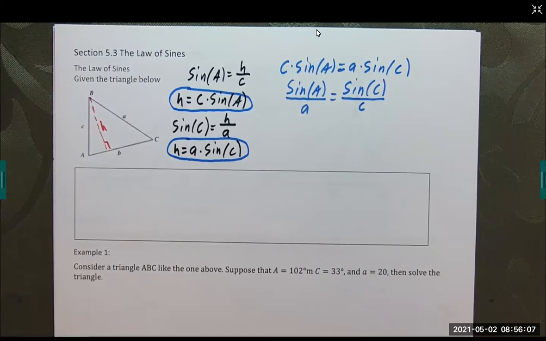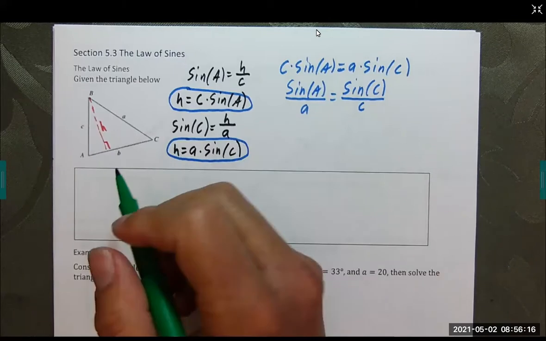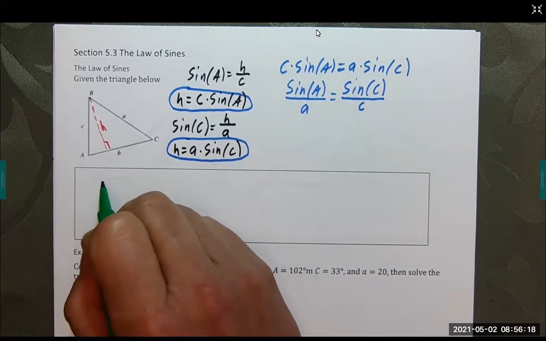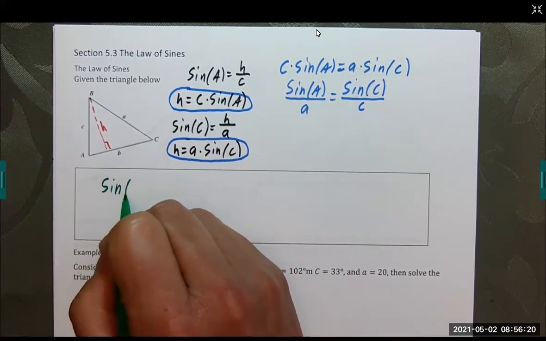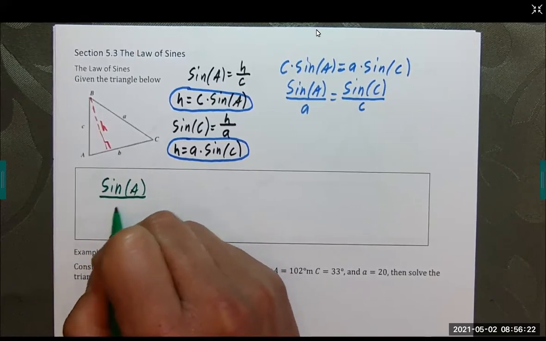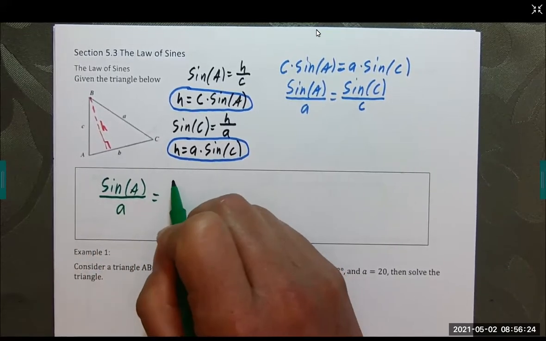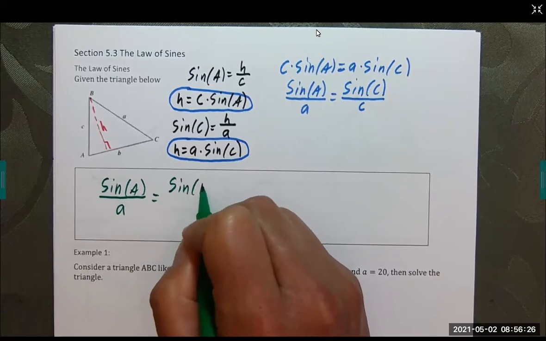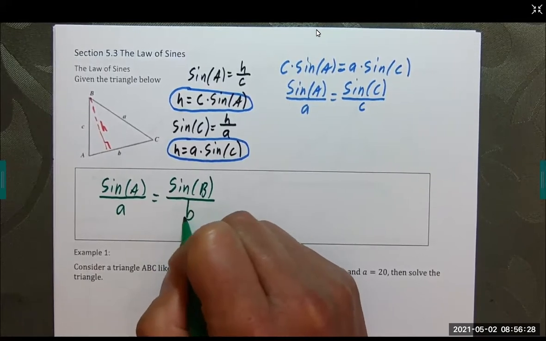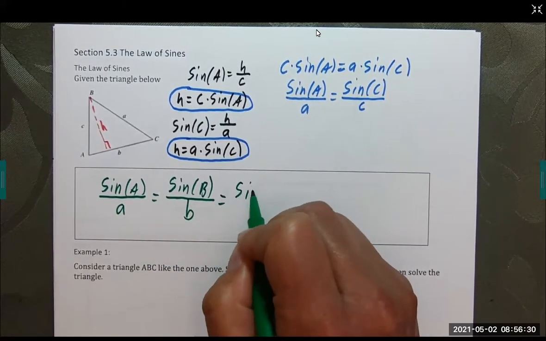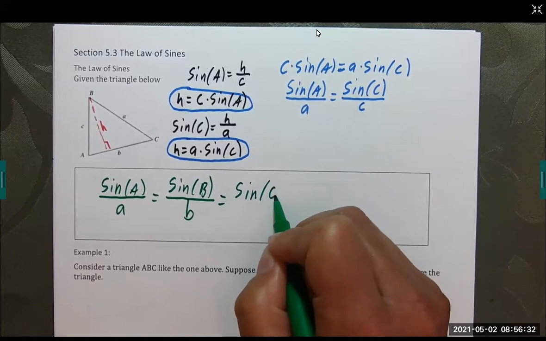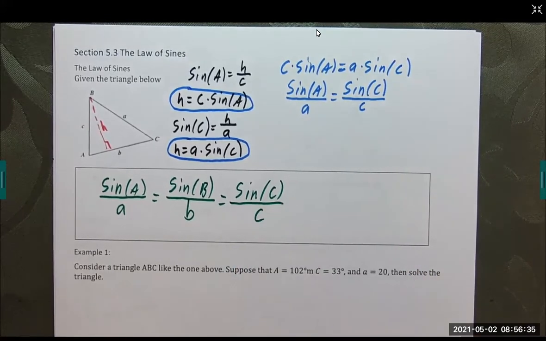Now we could do this again and end up with the sine of angle B over side B. So our summary here is that the sine of angle A over A is equal to the sine of angle B over side B, which is also equal to the sine of angle C over side C. And this is the law of sines.